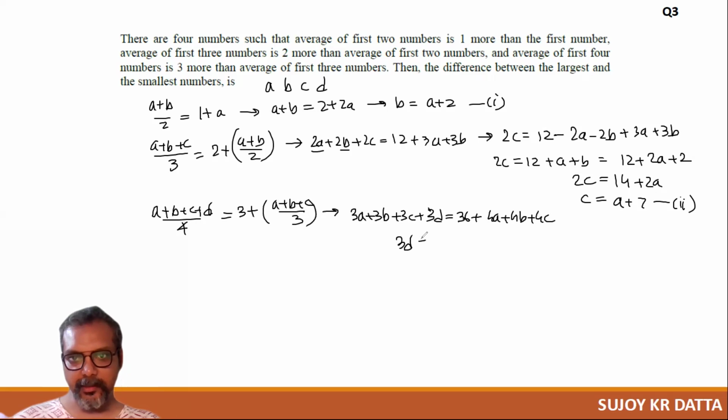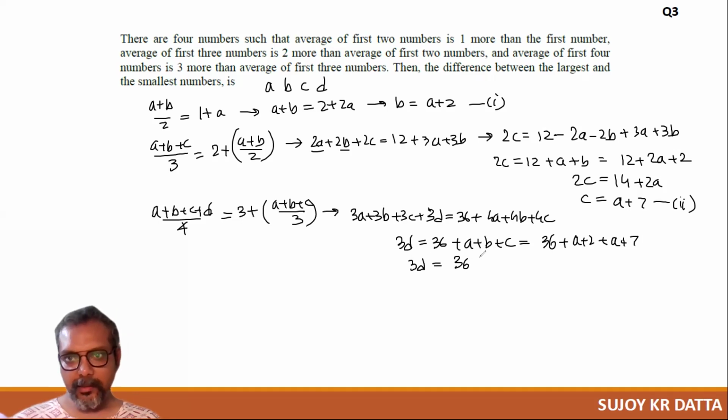So that gets us 3D equals 36 plus A plus B plus C. Now if I replace B and C, that is 36 plus A plus 2 plus A plus 7. So we get 3D equals 36 plus 9, that is 45, plus 3A. So dividing by 3, D equals 15 plus A.